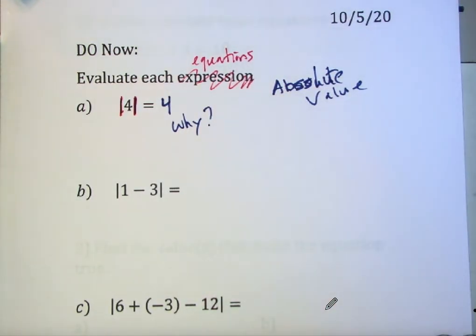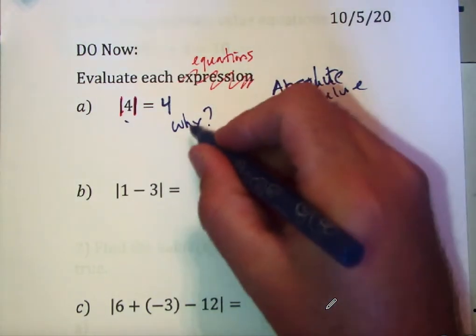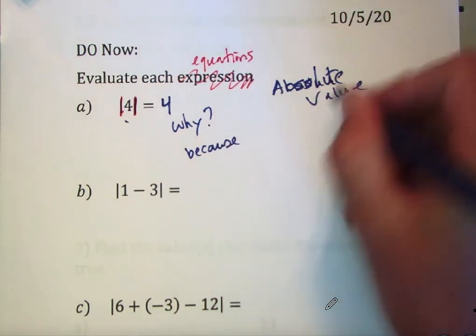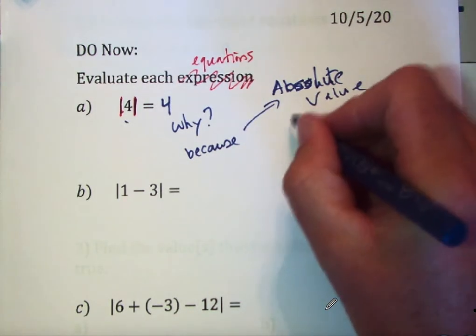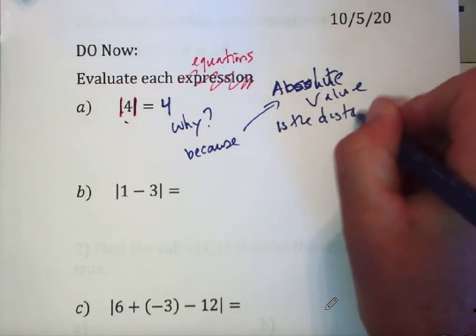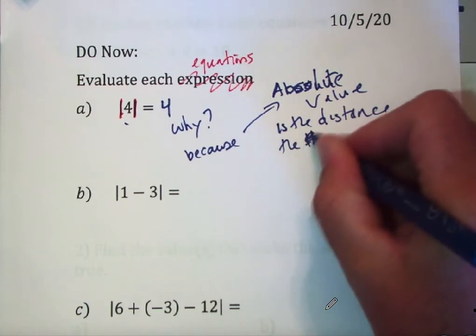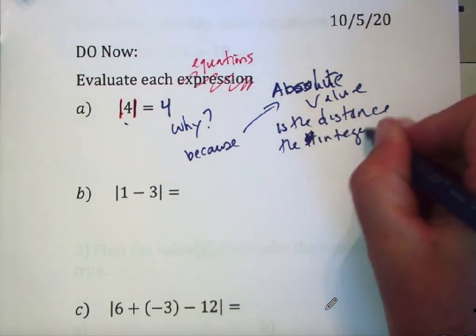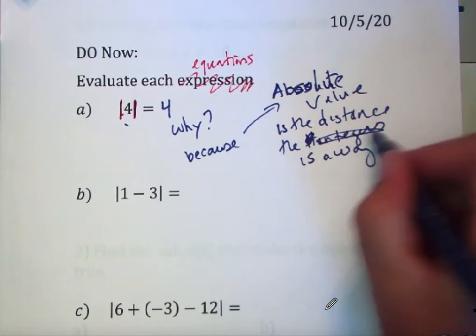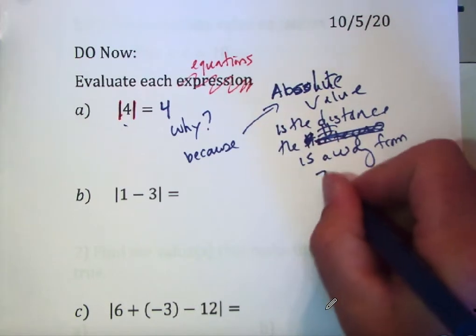We'd have a couple different answers, because whatever comes out of absolute value is positive. This is the distance the number, or the integer, is away from 0.